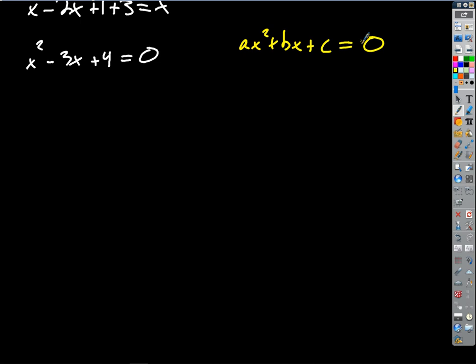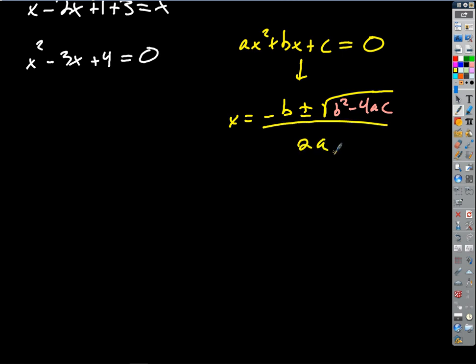So we always know if this is true, then negative b plus or minus square root... sure. Okay, so we get the quadratic formula. Well, where's the only place that the i's are going to come from?